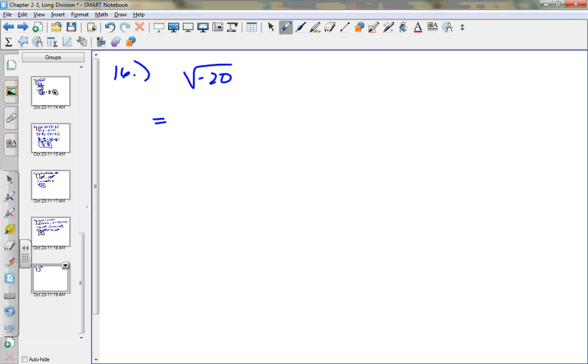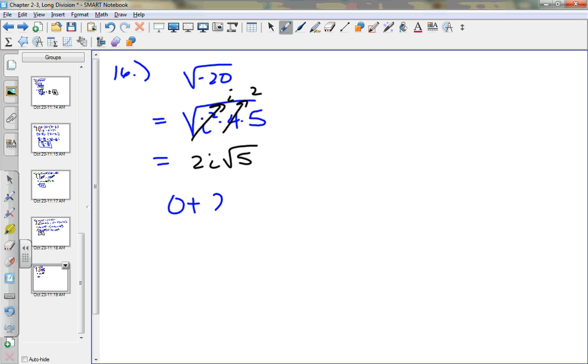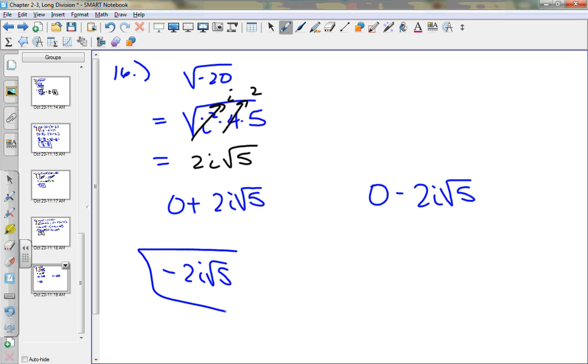So this is going to be i squared times 4 times 5, which is going to come out as i and 2. So that's 2i square root of 5. So now, what is my conjugate of that? If this is 0 plus 2i square root of 5, the conjugate is going to be 0 minus 2i square root of 5, which is just going to be negative 2i square root of 5. That's your conjugate.